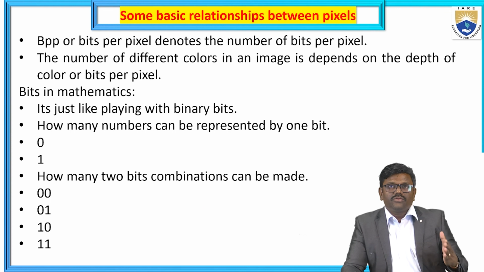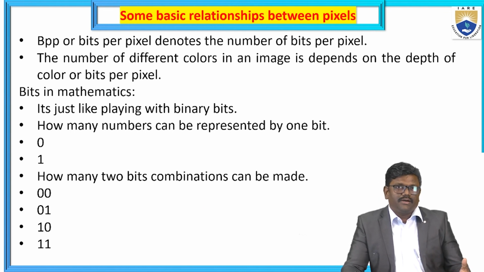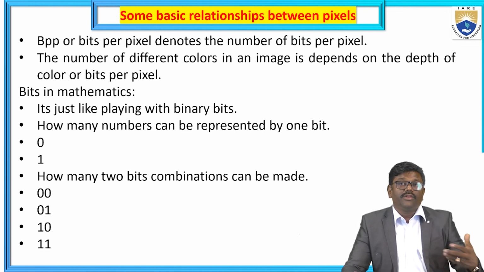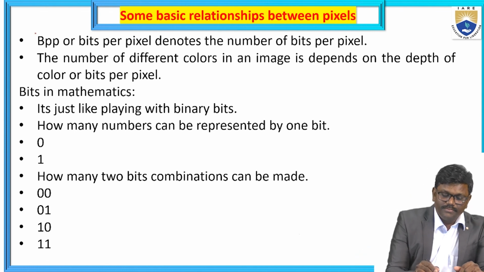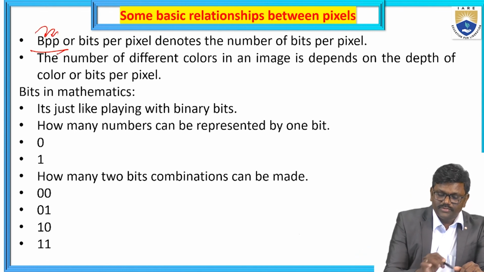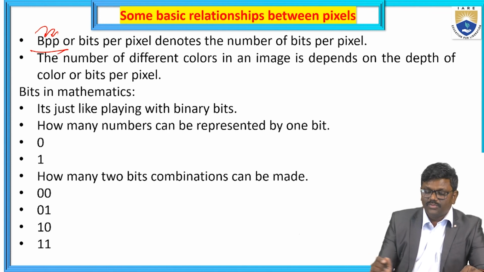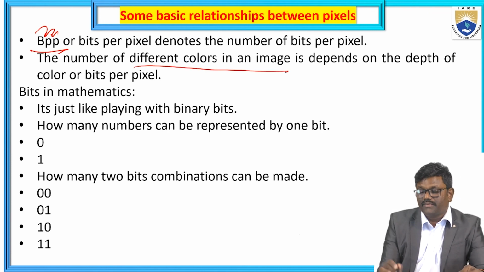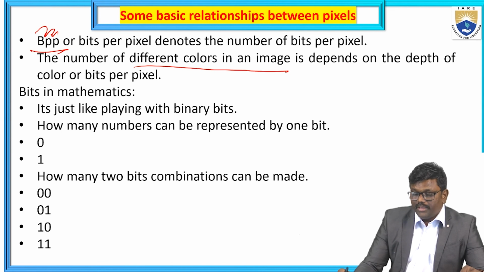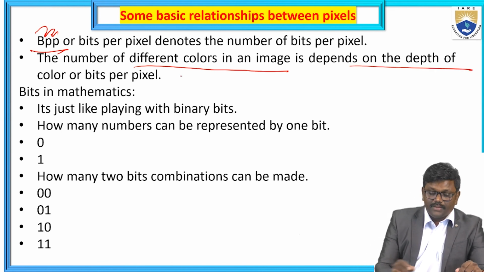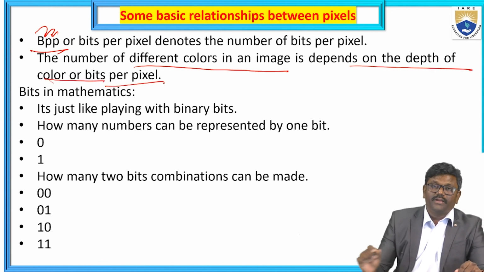Now we are going to look at the image pixels in terms of bits, that is, bits per pixel. The number of bits per pixel helps us understand the different colors of an image, which depends on the color depth or bits per pixel.